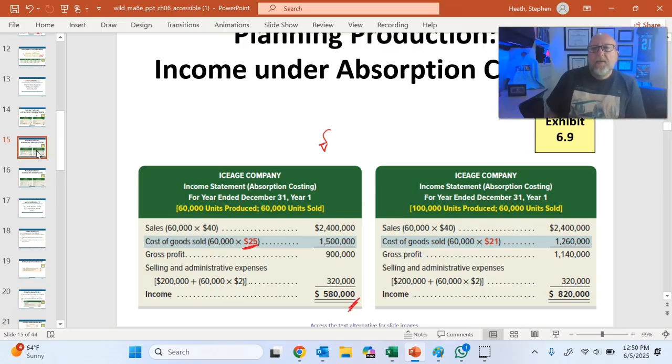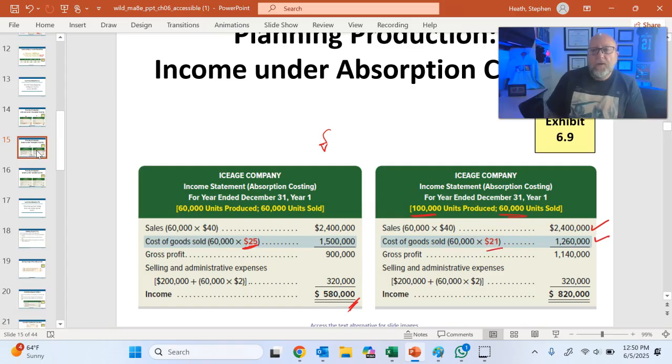Now, let's think about the situation where we produced 100,000 units, but yet we're still only selling 60,000, right? The volume of sales is independent of how many units we make. So again, same sales. However, look, our cost of goods sold goes down, right?